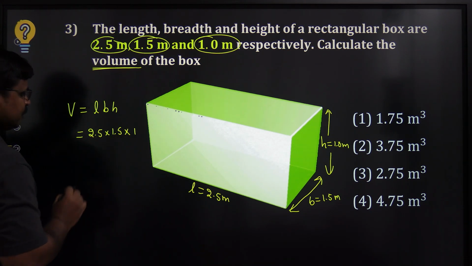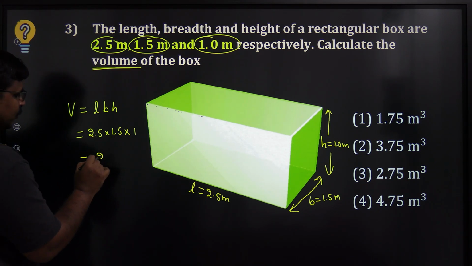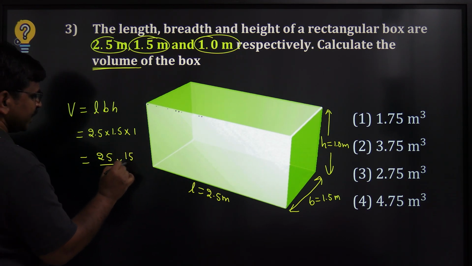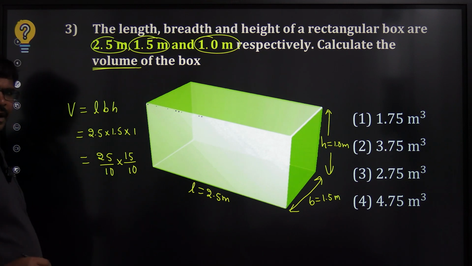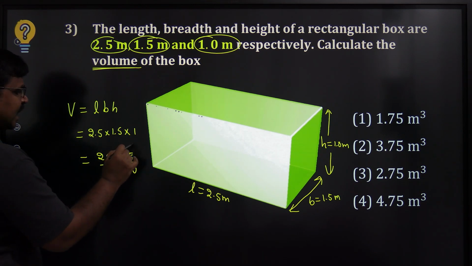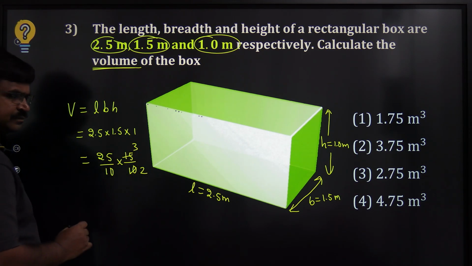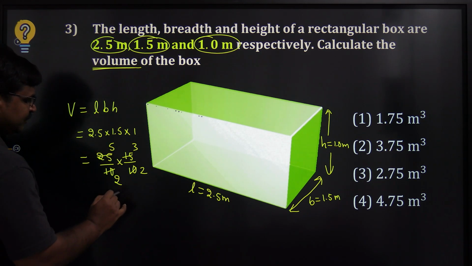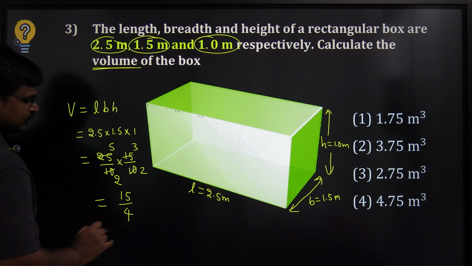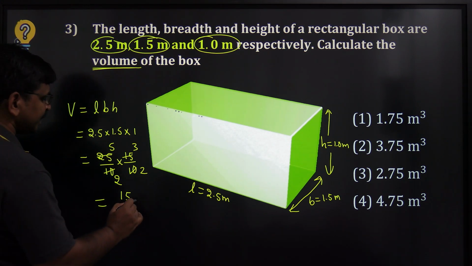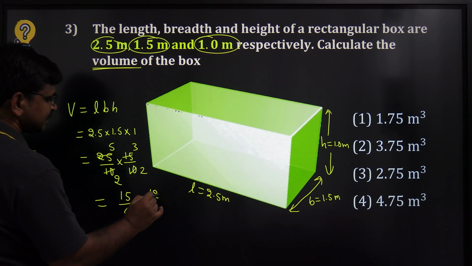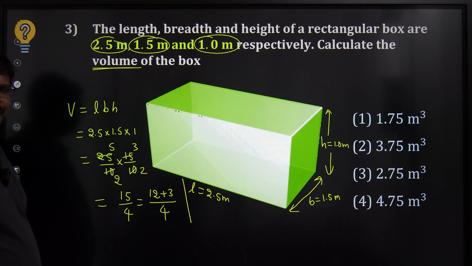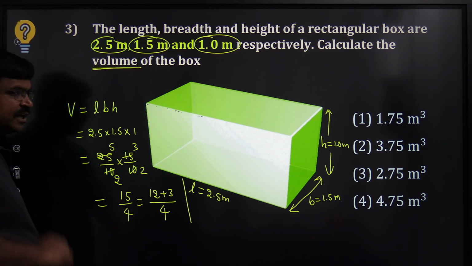And here if you observe, we can simplify 25 by 10 times 15 by 10. And we know that 5 3 times is 15, and 5 5 times is 25. This is 15 by 4. 15 by 4 can be written as 12 plus 3 divided by 4. We have to express the numerator in terms of the denominator.